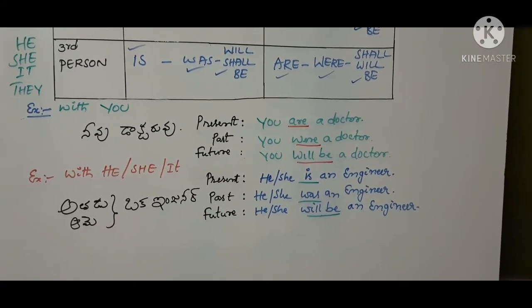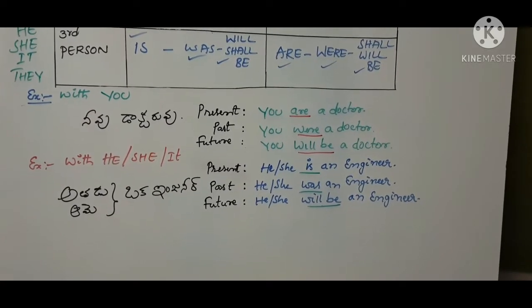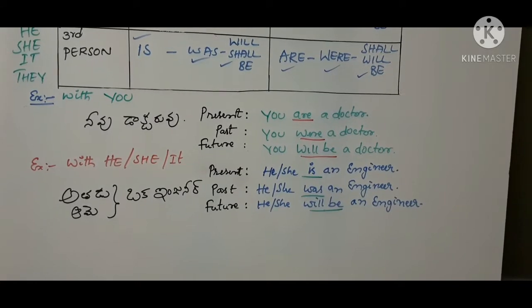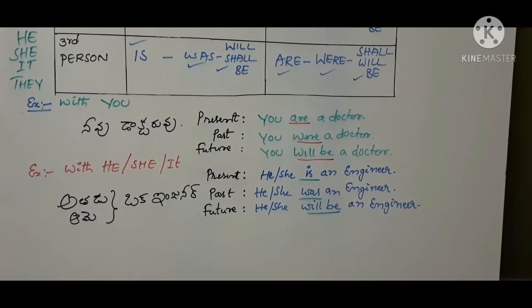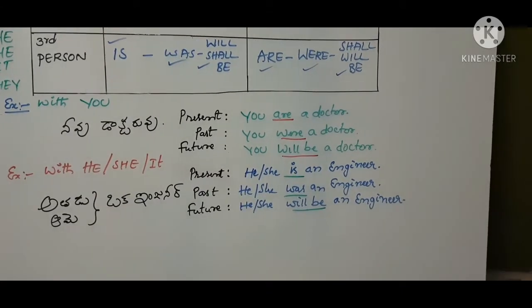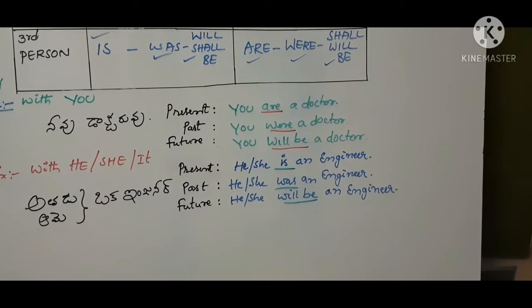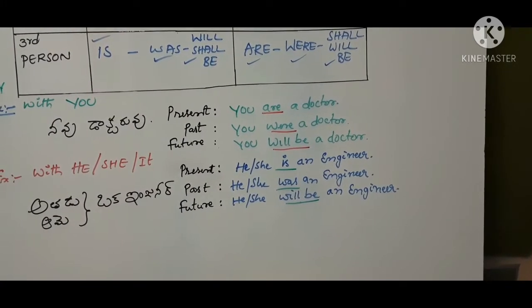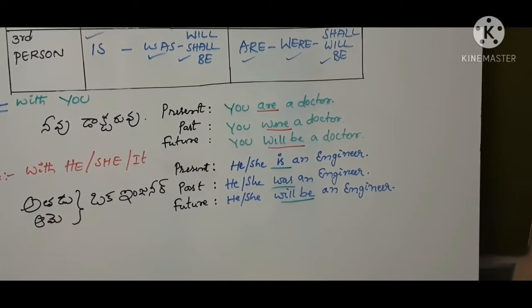Let us see the example with he, she, it, third person singular. 'Atadu oka engineeru, aame oka engineeru.' He and she are used in sentences with the association of be forms.